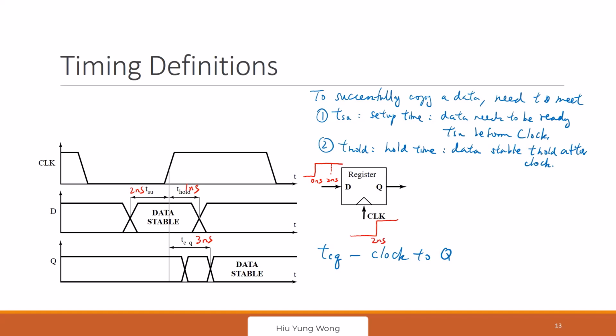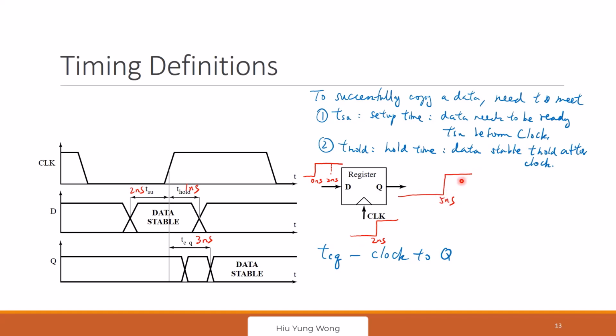This is the clock. Okay, I copy at 2 nanoseconds. And then it takes 3 nanoseconds to appear here. So the data output would be at 5 nanoseconds, right? So at 2 nanoseconds my clock comes in, the data is ready at 5 nanoseconds. Of course, it can be earlier, depending on the data type. But what we guarantee is 5 nanoseconds.